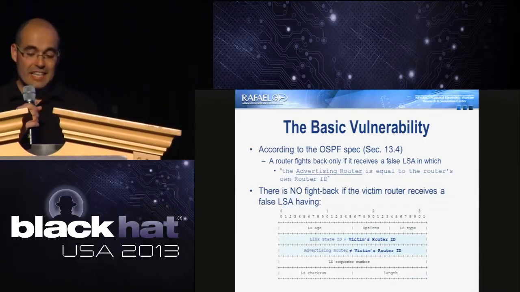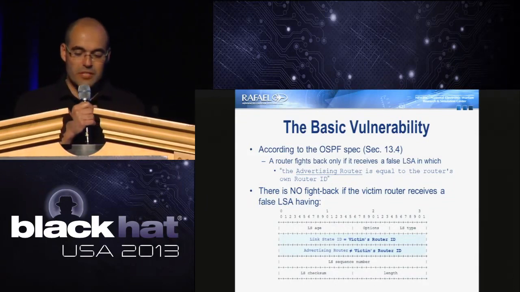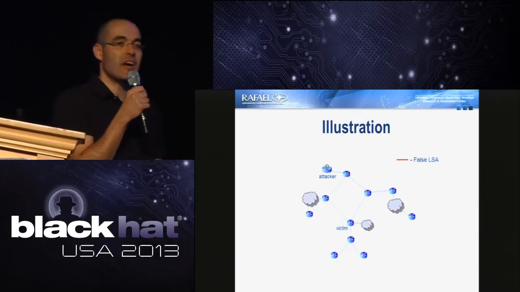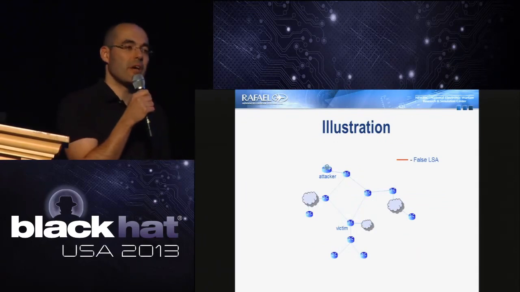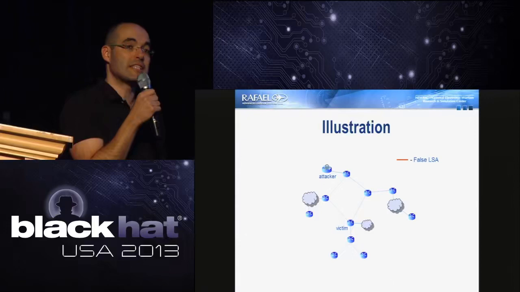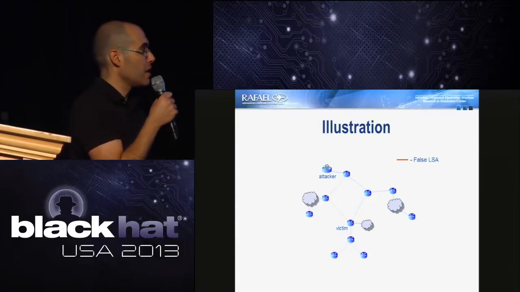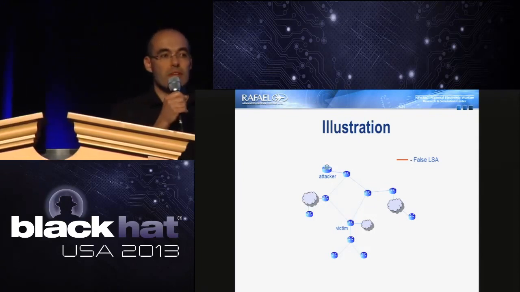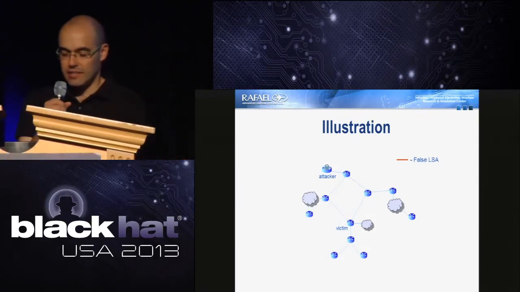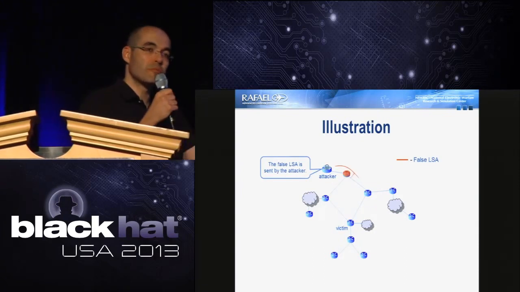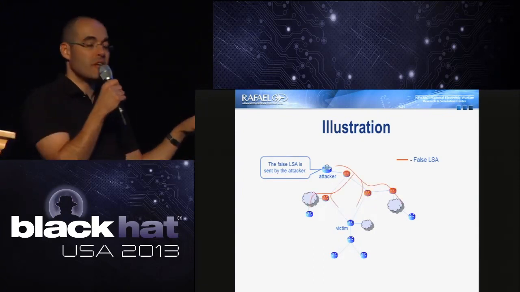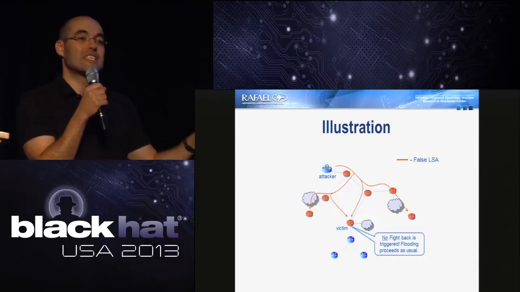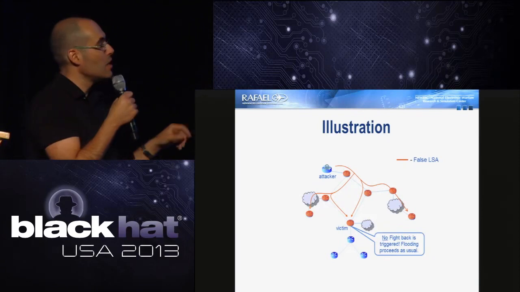So actually the basic attack works as follows. Let's assume that the attacker is up there and he now wishes to send out a false LSA on behalf of the victim in the middle there. So it will just simply send out a false LSA with the LSA header we just saw. And the LSA will just be flooded throughout the autonomous system. All routers will actually install the false LSA in their database.